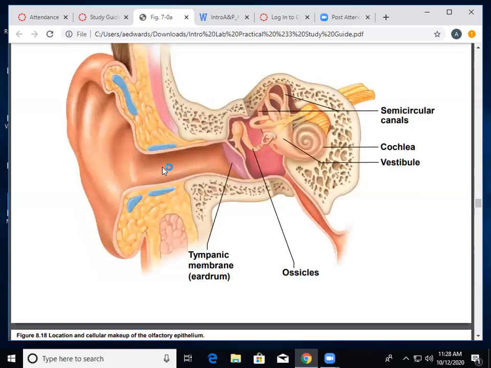So when sound goes through your external acoustic meatus, those sound waves hit the tympanic membrane, or your eardrum. That vibration is going to move your ossicles, these little tiny bones in your inner ear.